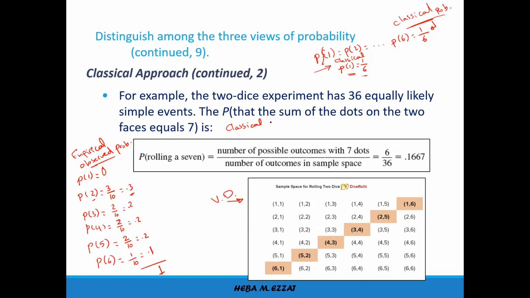I want to calculate the classical probability of obtaining 8. Of course, this is rolling 2 dice, not 1, so it's possible to have number 8 as a result. I want you to calculate the probability that the outcome would equal number 8.